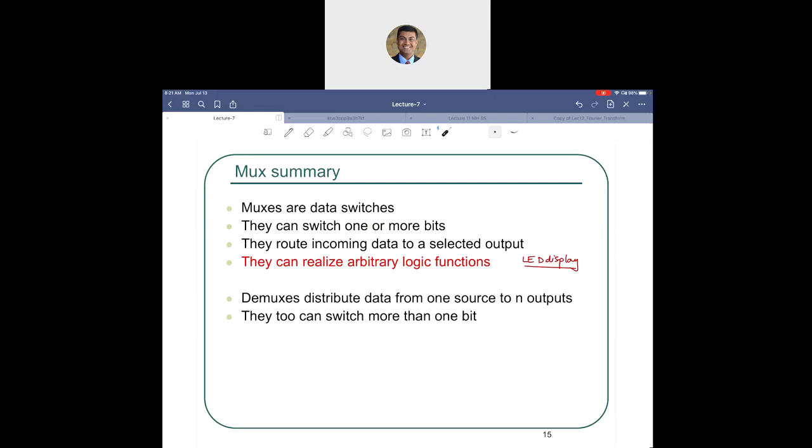So you can talk about demuxes as distributing data from one source to n outputs. Based on the select line, the input may go to the first output or the second output or the third output and so on. So it's exactly the flipped version of the mux. They too can switch more than one bit, just as the multiplexer.